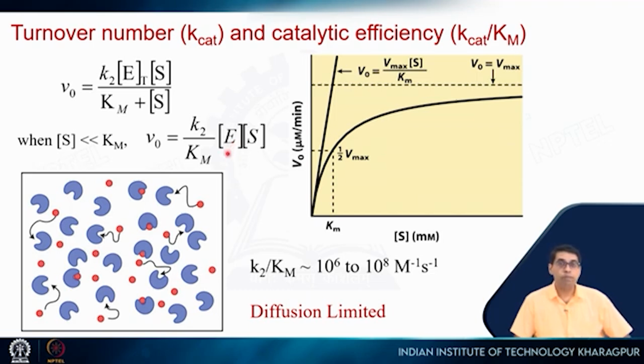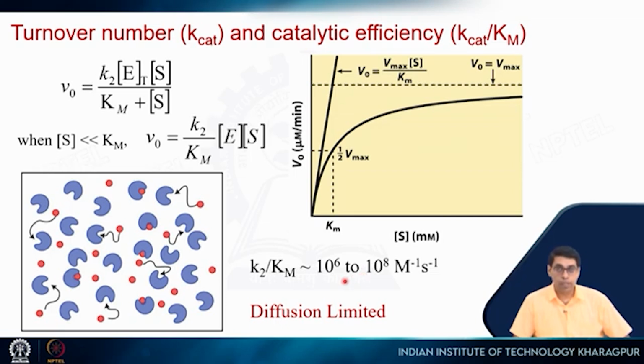Now the maximum value that the rate of association can become is 10 to the power 6 to 10 to the power 8. Again this is the rate at which two molecules find each other, right? Under these conditions the velocity will increase linearly as a function of S, and the rate constant is given by this K2 by Km, which will have a maximum value of this, which is the rate of diffusion, right?